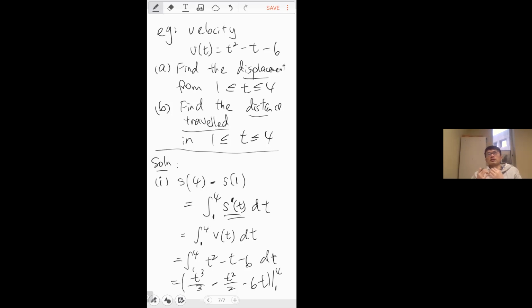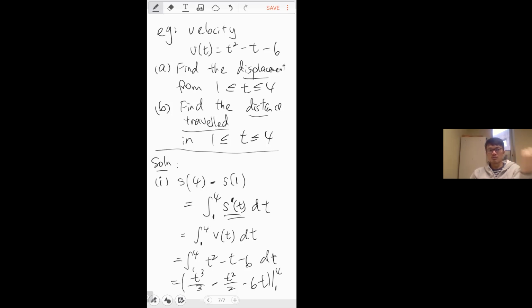Well, okay, so to find the distance traveled, you need to look for the points where the object turns around, right? For example, the object could be moving forward during a certain period and then moving backward after a certain period.